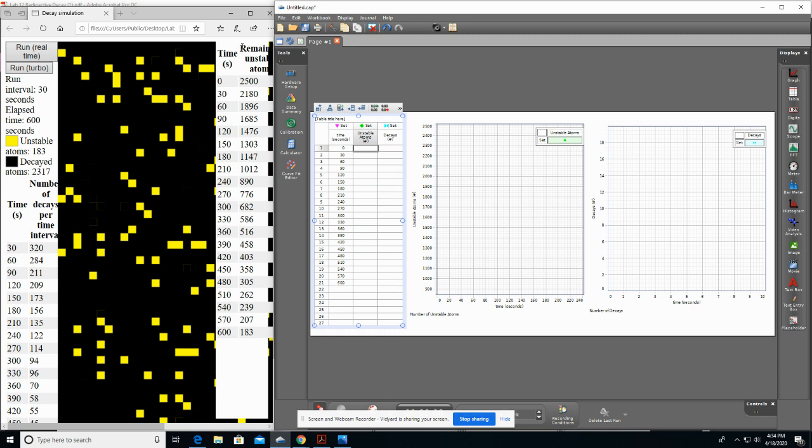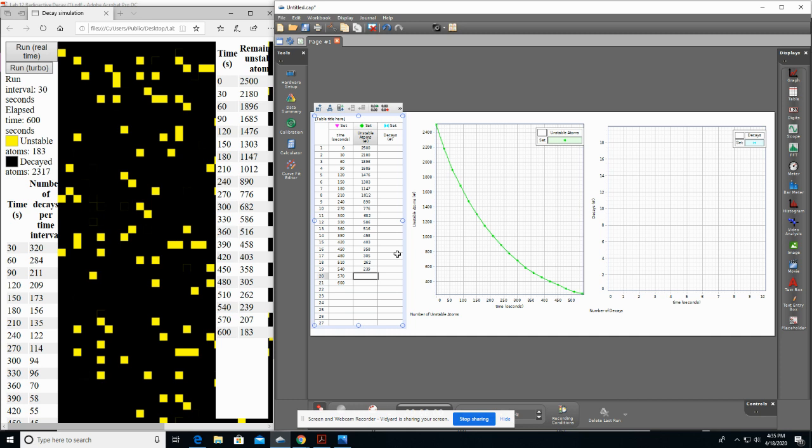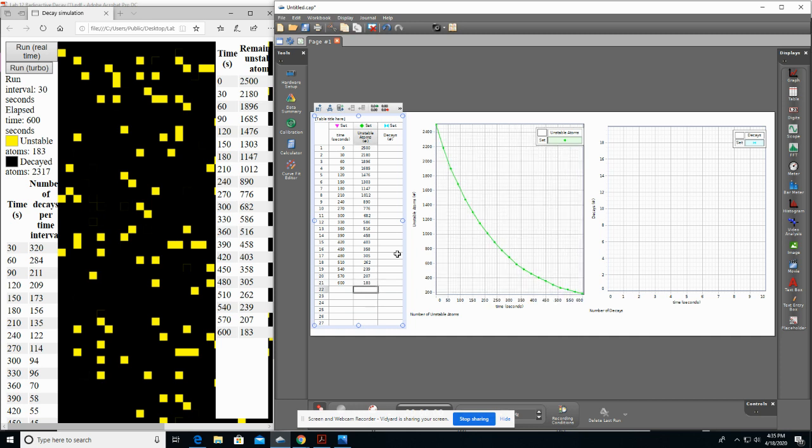Okay, so here's our remaining unstable atoms. I'm just going to put those in there. Cool.